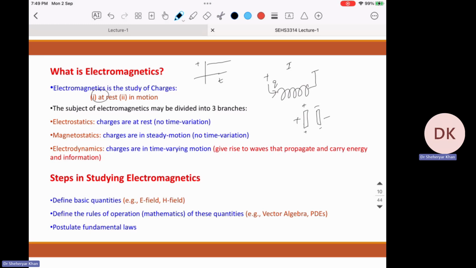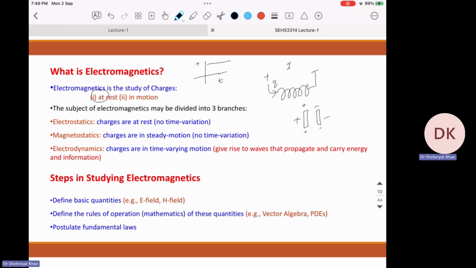We'll see later. So electrostatics: electro means electricity, static means charges are not moving. So we have this case, right? We have no time variation.